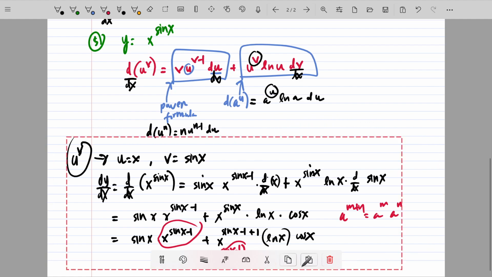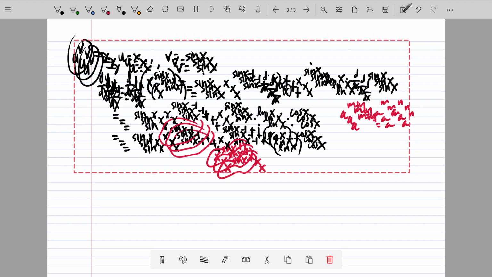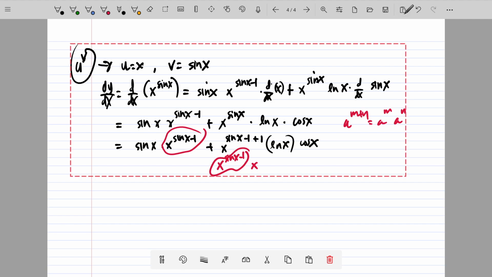Ayan, tapos. Okay. Next page tayo. Then, paste. Oops. Ako, mali. Okay. Sa next page na lang. Sobra sa paste. Ayan. Okay.